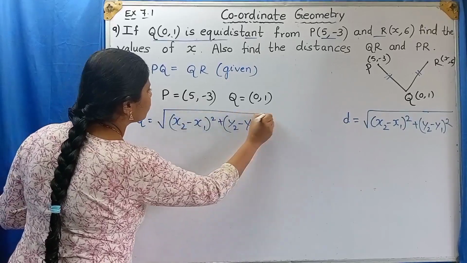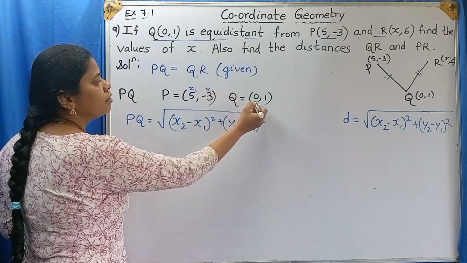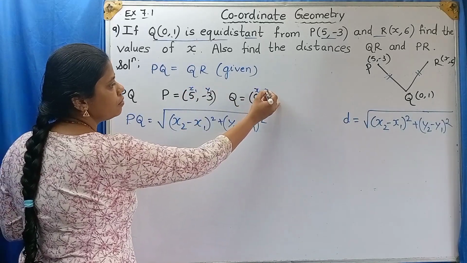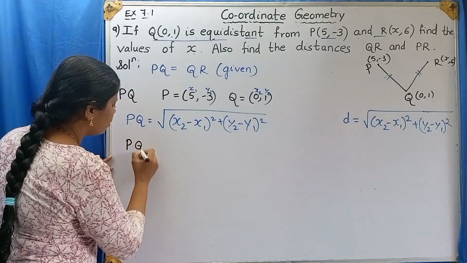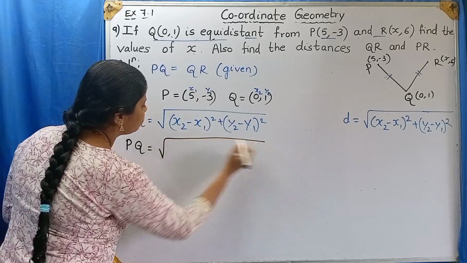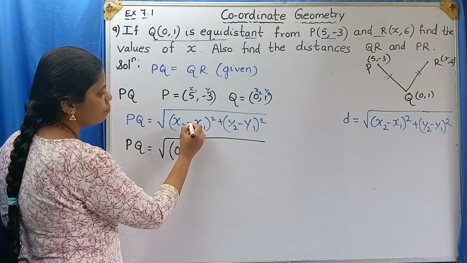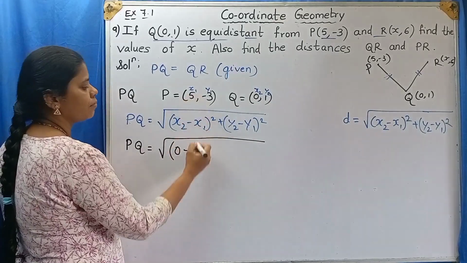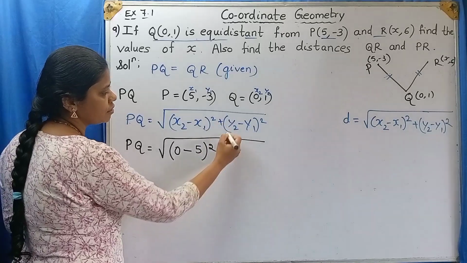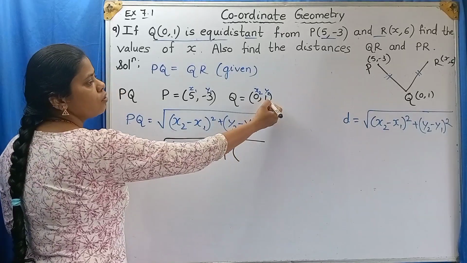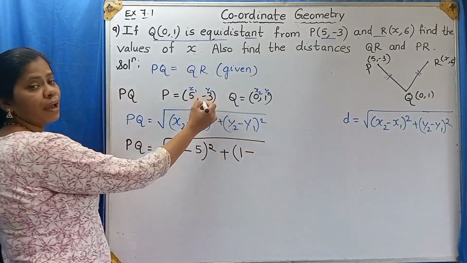And we know that this is our x1, this is our y1, this is our x2 and this is our y2. Then PQ is equal to square root of bracket open x2, the value of x2 is 0, minus x1 which is 5, the whole square, plus bracket open y2, the value of y2 is 1, minus y1, the value of y1 is -3.